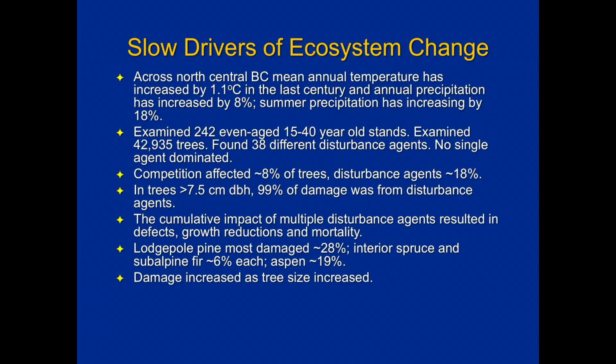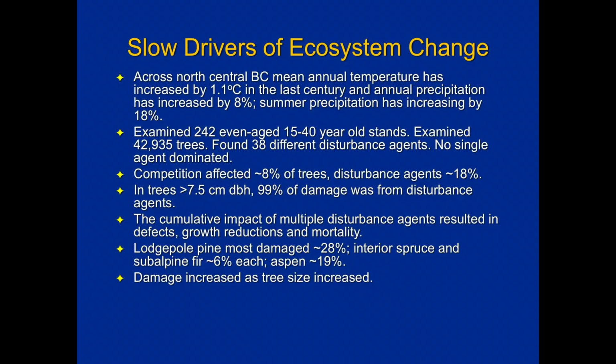So, example number one, slow drivers of ecosystem change. In the last couple of years, I've been working with Alex Woods, who's a forest pathologist in the office where I worked. And we've had a look at 15 to 40-year-old plantations across northern BC, basically from Smithers to Prince George, and maybe north to Mackenzie and south to Quesnel, that sort of range.